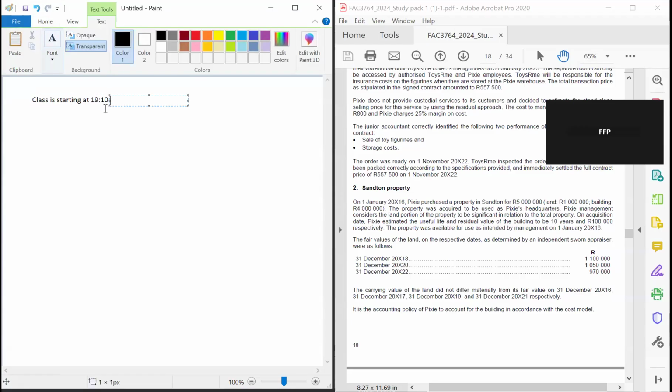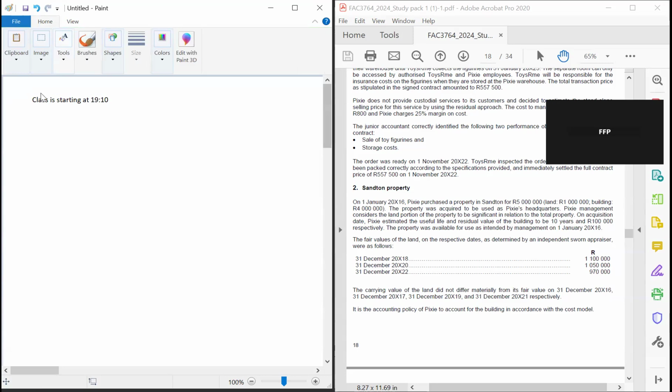Okay, so let me remove this part. So we would first look at the principles of revenue. Then after looking at the principles of revenue, we are going to move on to doing the actual question, right? It is good for us to obtain an understanding of the particular topic that we will be answering, right?